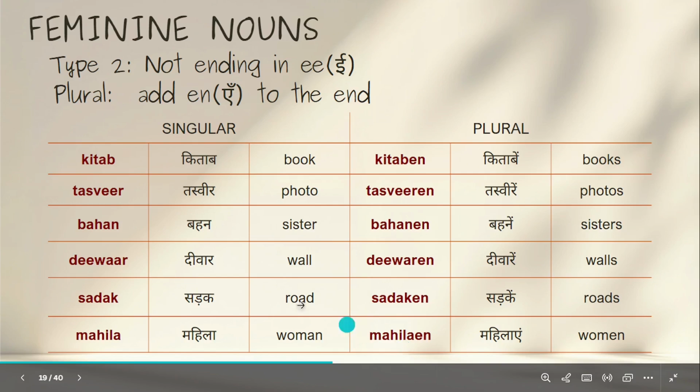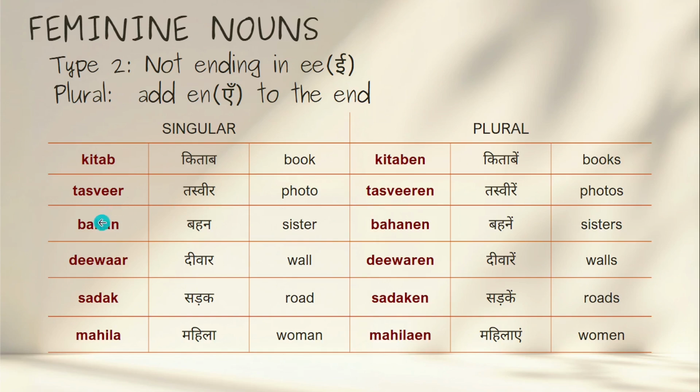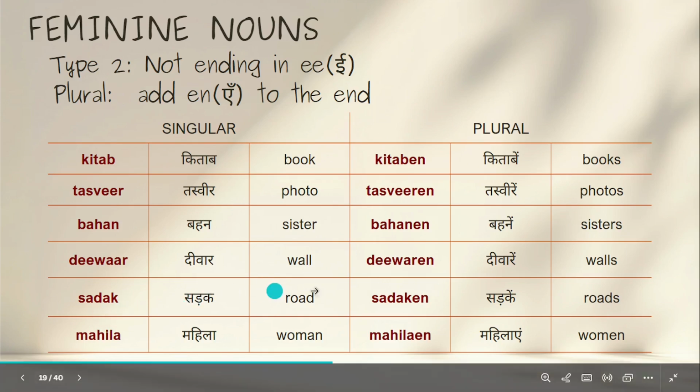So किताब, किताबें, तस्वीर, तस्वीरें, बहन, बहनें, दीवार, दीवारें, सड़क, सड़कें, महिला, महिलाएं.